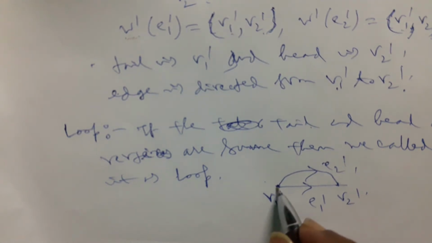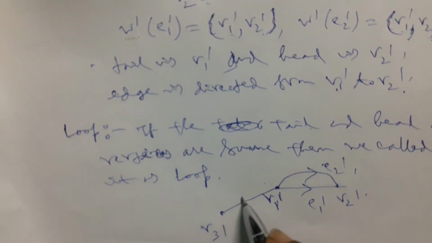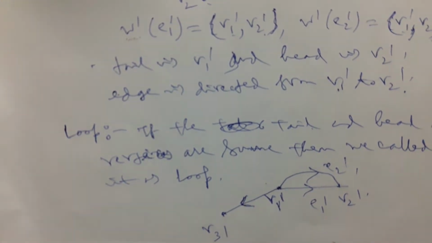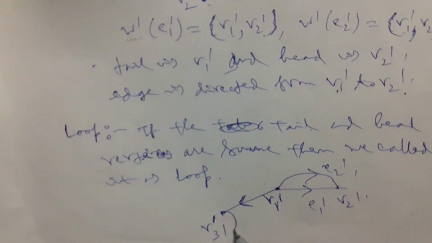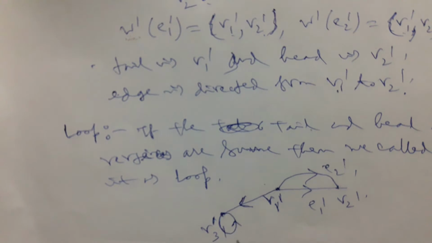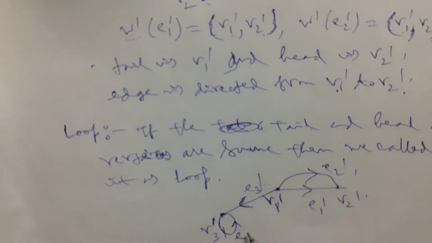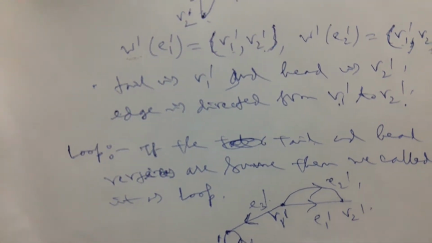And here we also consider a loop, having the same head and tail, with edges e3 dash and e4 dash. So in this way we find it.